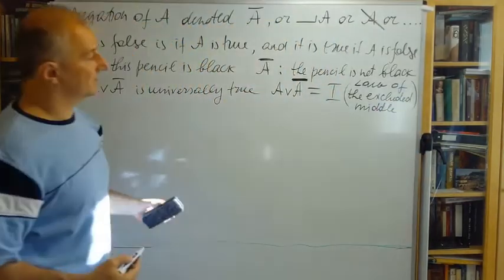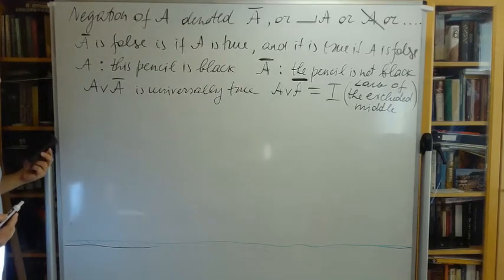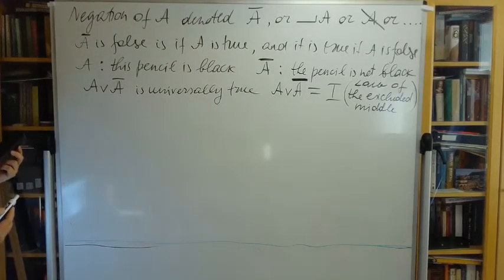So there is no third option: A or not A. That's why we could not say that the negation of this pencil is black is this pencil is red, because it would not include all possible cases. The pencil is black or it is red. No, it's not universal. It may be true in a particular case, but not always.